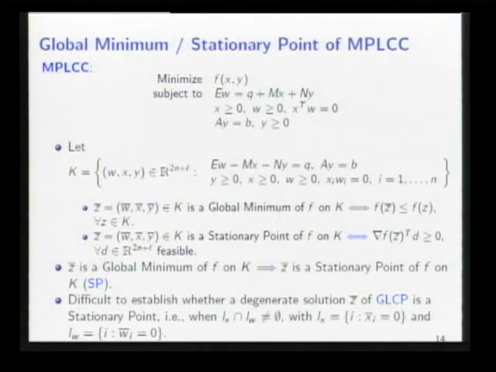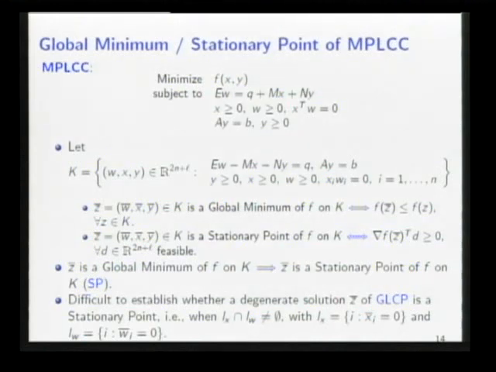So just move to the global and stationary point. That's the problem again. So that's the constraint set, okay? So that's the GLCP. Global is defined as usual, and the stationary point is defined as usual. The problem is to find this condition, okay? Because this set is non-convex, showing this is very difficult, okay?